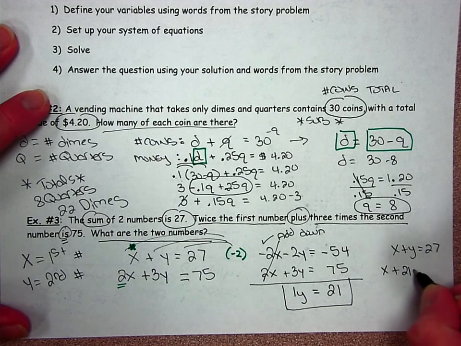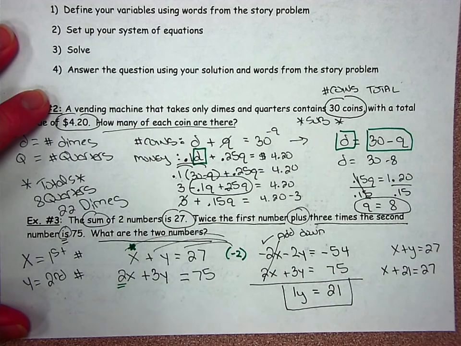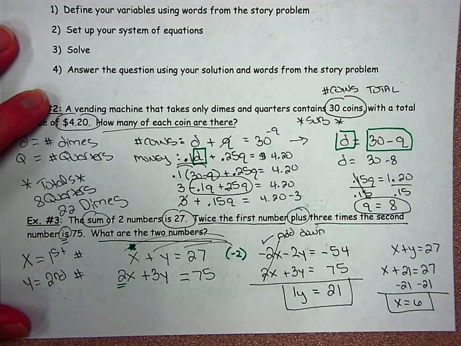So plug 21 in place of your y. And then just subtract it over to solve for the other one. And x equals 6. So you can mental check that top one definitely works.